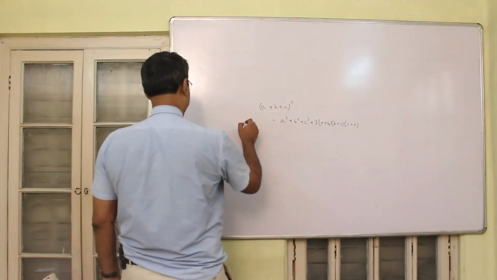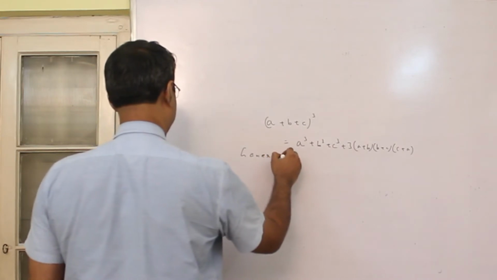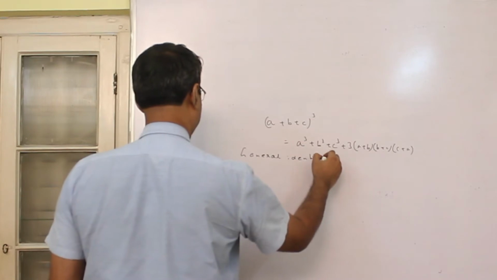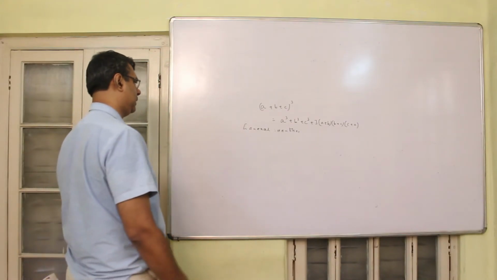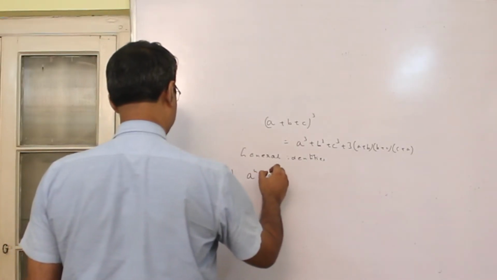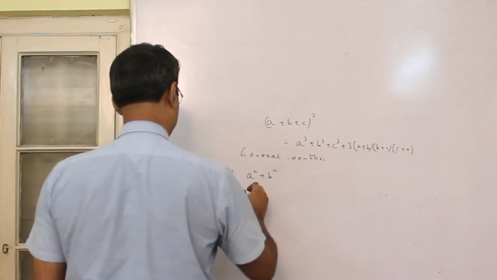Now there are some general identities which are very rarely used, but I would advise the students to take note of these. First of all, a to the power n plus b to the power n.